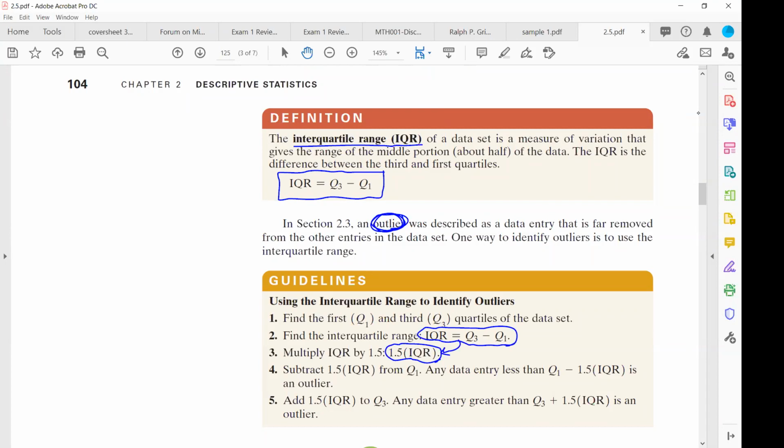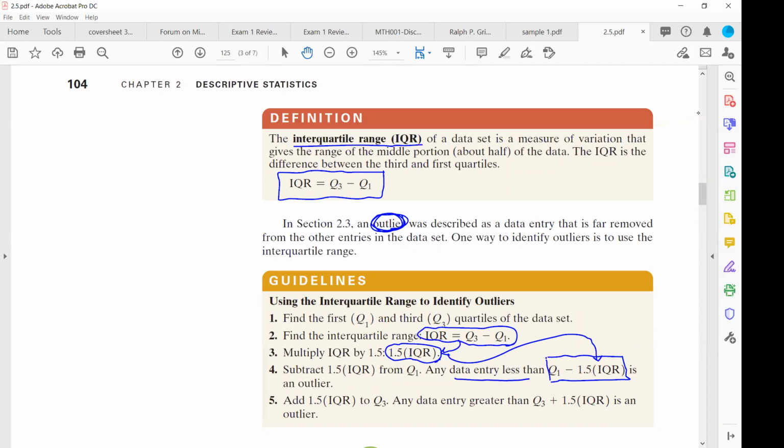Then you need to find this number here, which is Q sub 1, first quartile, minus the number that you found in the third step. It gives you a number. After doing the algebra, you have a number.